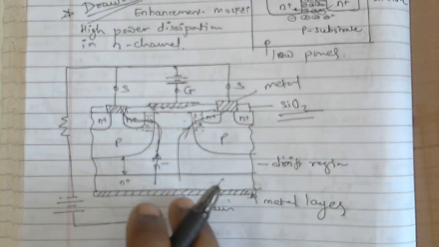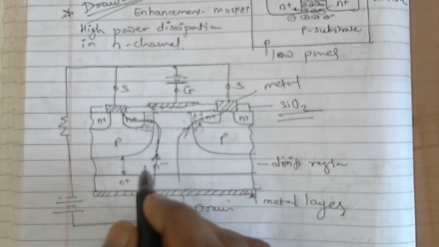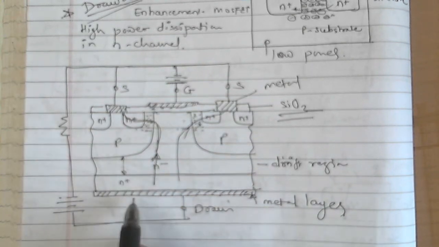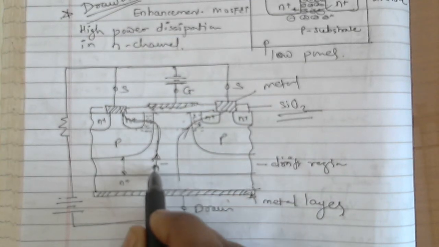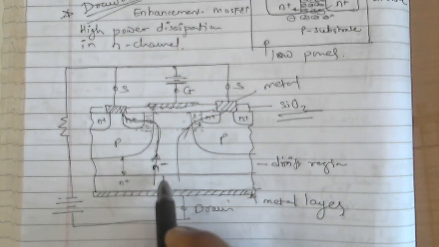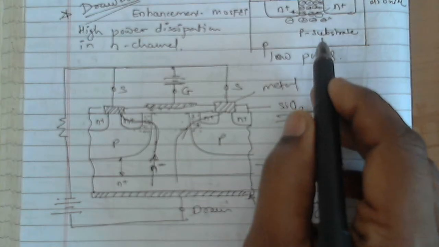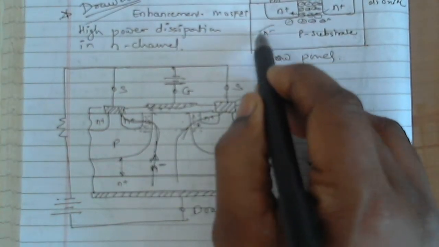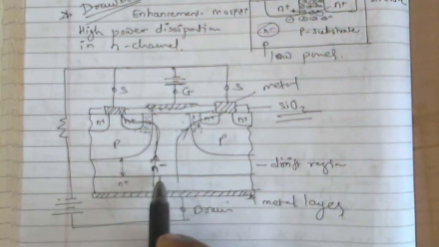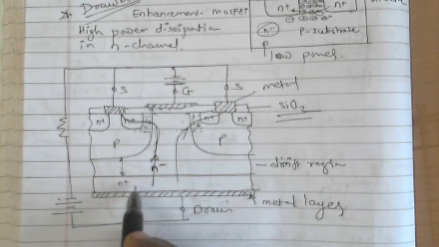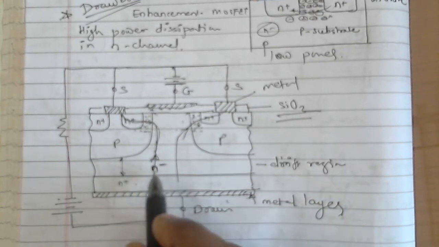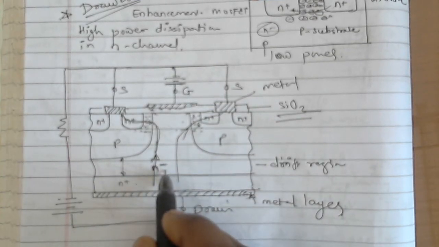If I want to revise, I will once again revise it. Now what exactly happened? The major difference in this four layer MOSFET, compared to the three layer MOSFET, is that there the n minus drift region was not present. Here the main difference is that on this n plus substrate, a high resistivity n minus layer is grown.